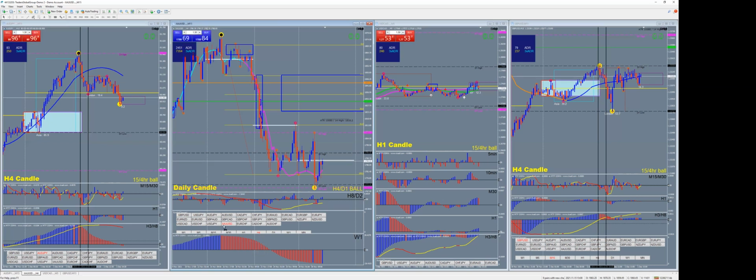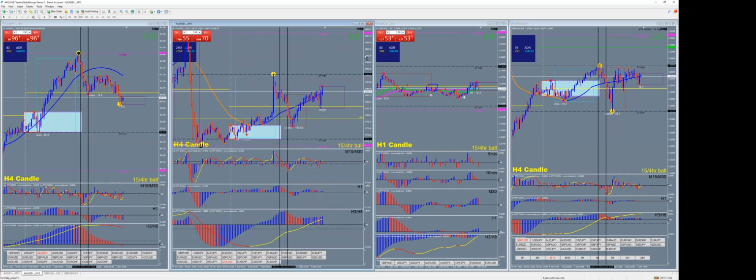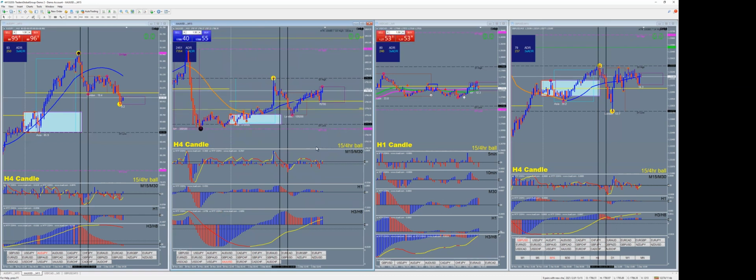So we can go down to the 15 to see if there's an alignment. Everything's aligned except for the 15-minute. 15 minutes pulling back. So according to this, we are against the overall trend. The 15-minute trend is still down. We have a retracement.